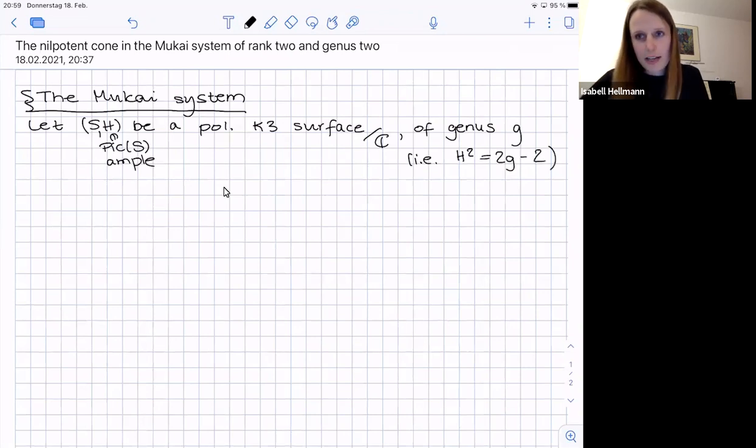I'm on a surface, so I have an intersection product for divisor classes.